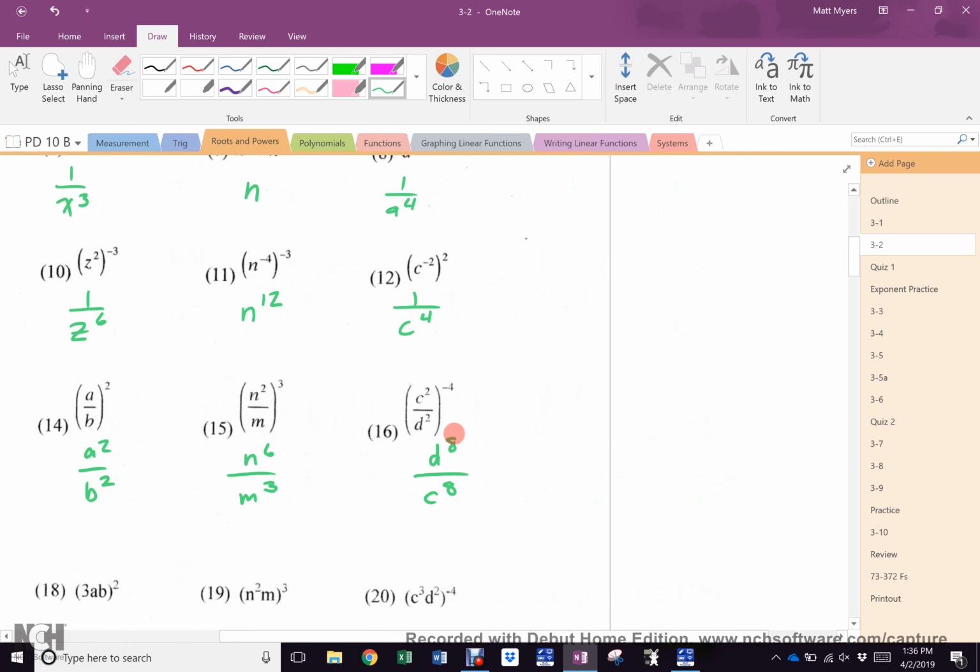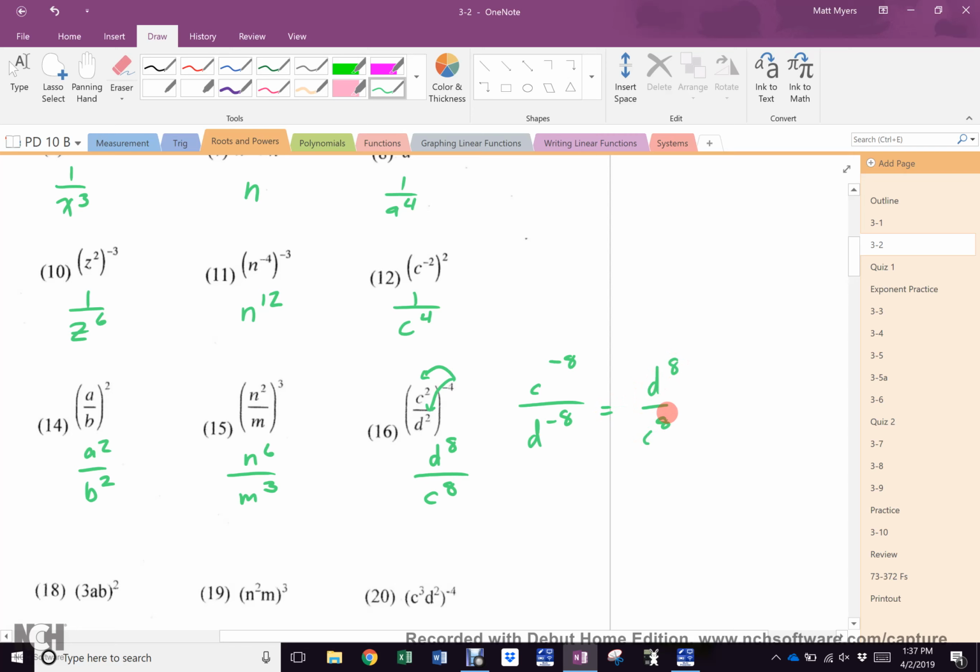There is a little trick to 16. You could follow the exponent laws, because over brackets, you know they multiply. So you get c to the negative 8 over d to the negative 8. Negatives aren't allowed, so you get d to the 8th over c to the 8th.